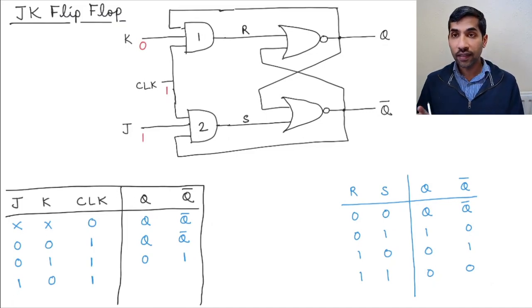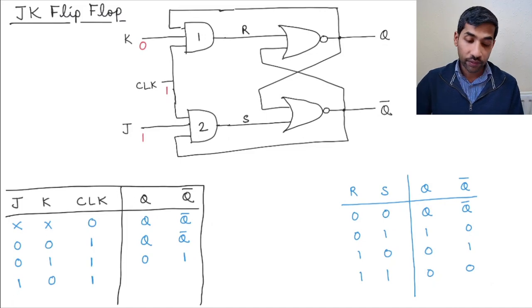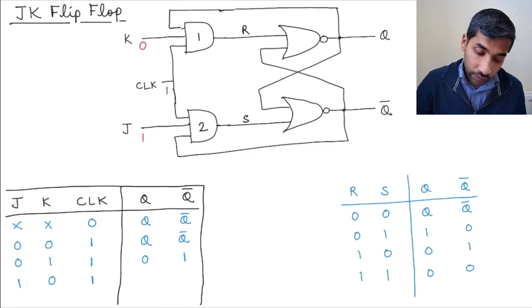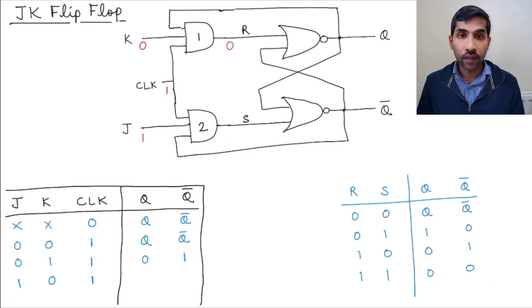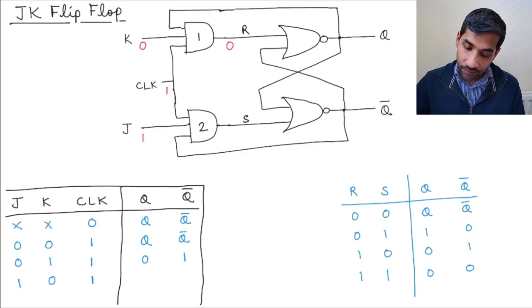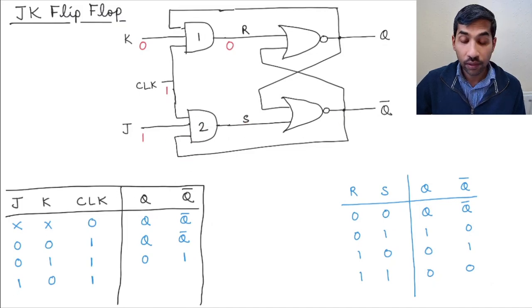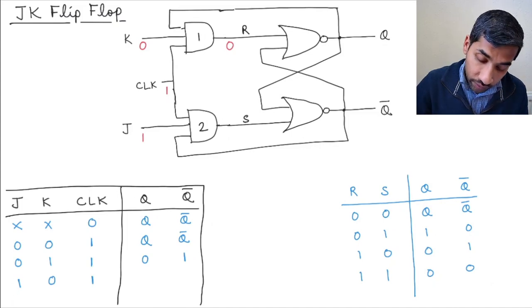Now if K is equal to 0, what is the output of AND gate 1? This AND gate, since one of the inputs is 0, R is always going to be 0. So that is good. Now let's look at S. The S, or the output of AND gate 2, depends on what Q bar is, right? So let's start off by assuming that Q bar is 0.